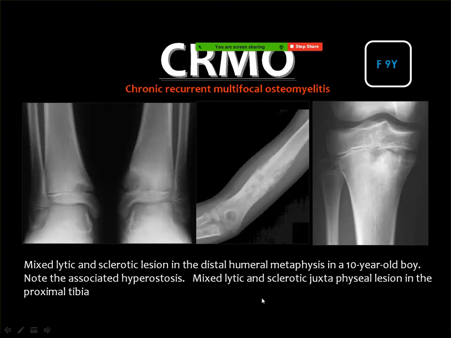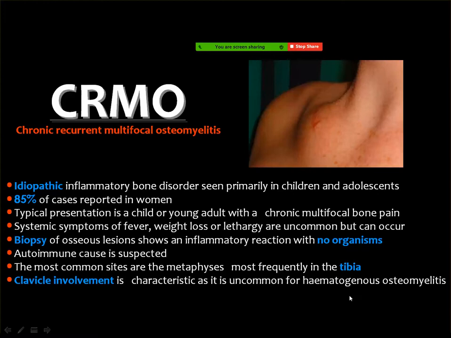The first one is sickle cell disease, and the second one is CRMO, the chronic recurrent multifocal osteomyelitis. If the patient does not have the clinical features or the laboratory findings of sickle cell disease, then you consider these as CRMO, which is a more likely possibility than sickle cell. What's CRMO? It is chronic recurrent multifocal osteomyelitis.